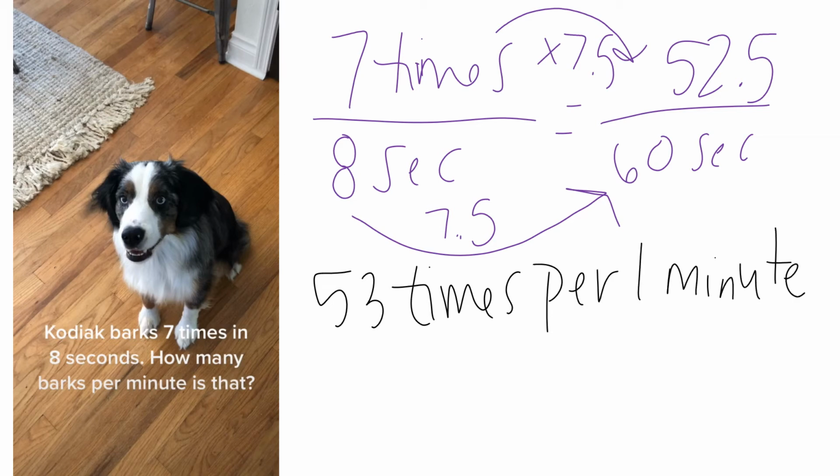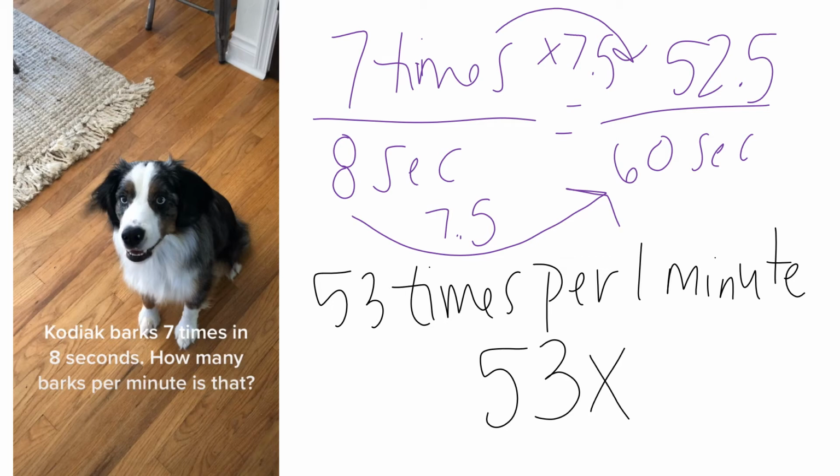So then the way I think about this to write an equation is, okay, if I want to figure out the amount in 2 minutes, what would I do? Well, I'd multiply 53 by 2. If I want to find the amount in 3 minutes, I'd multiply 53 by 3. So that means I'm always multiplying 53 by the number of minutes, and we're going to call that x.